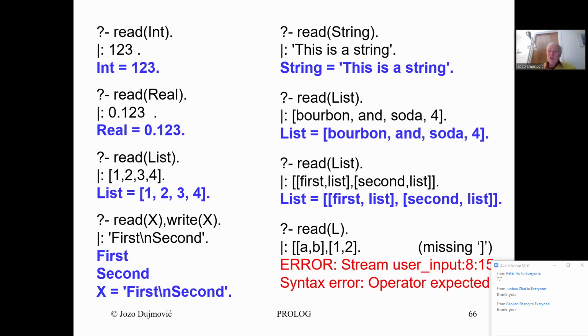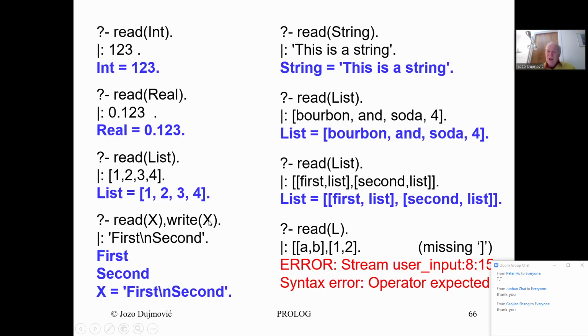I try with strings. I say read X, and X is this string: first, backslash n, which is new line, second, embedded in the string. Then this X is going to be echoed as first, second on 2 lines.